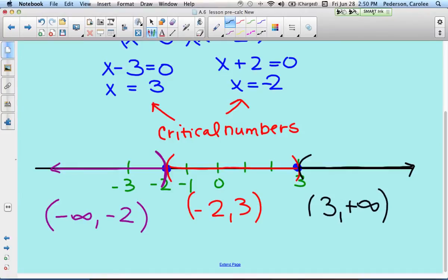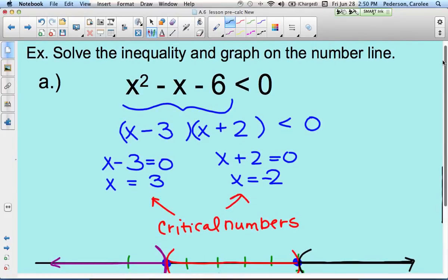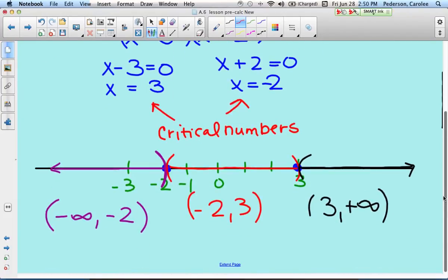And I want to find out which intervals are true when it is, noticing this, less than 0. So we have to choose test points. So we want to find out when is it less than 0.